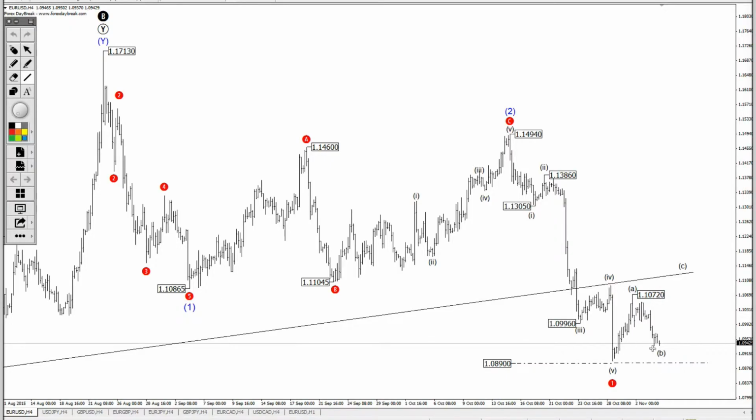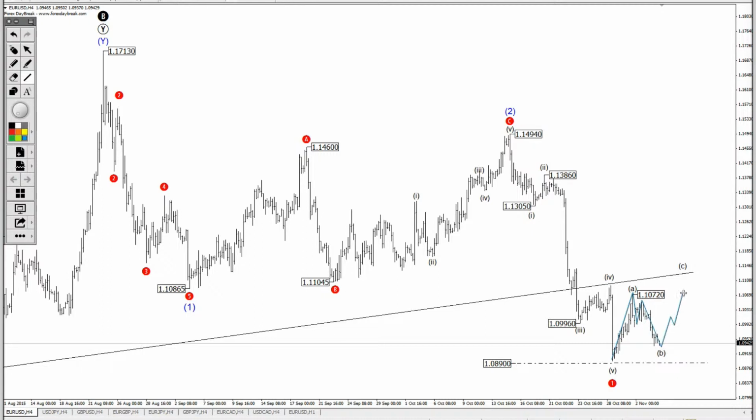So let's draw it here. I'm expecting one more move towards the 111.5 support zone or support level I have on my chart. So now we have the A wave from the 108.9 to the peak of 110.72. Then we have maybe 3-wave structure as B wave.